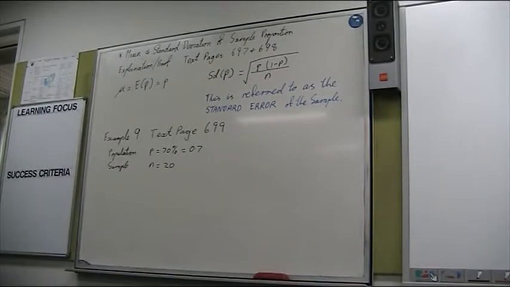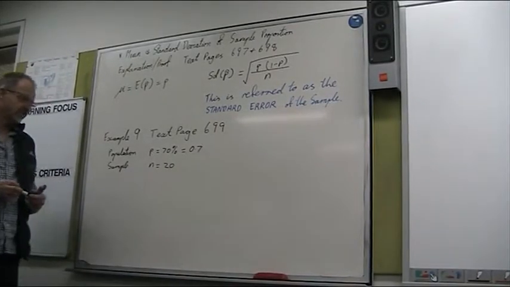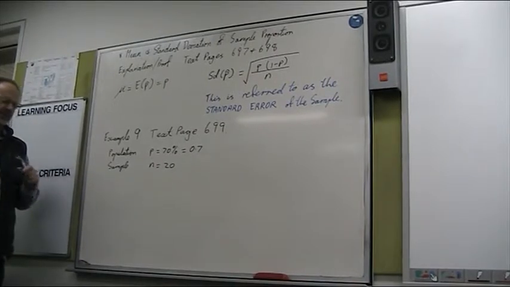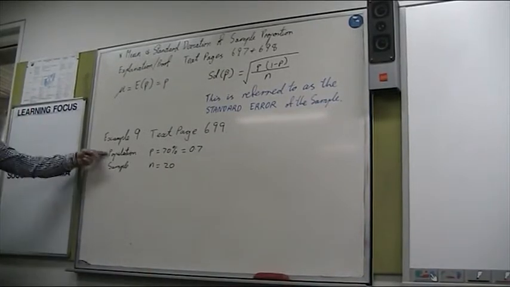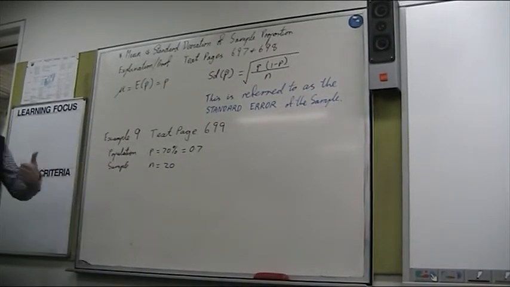Have a look then. What sort of probability do you think we're looking at here? Are we looking at normal probability, binomial, what are we looking at? Well, to find that out, we need to read this again.